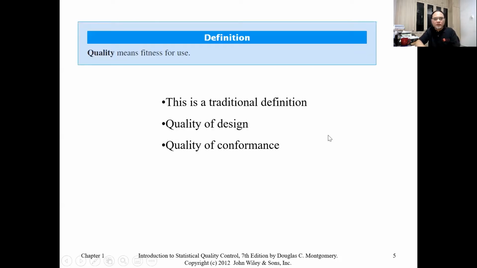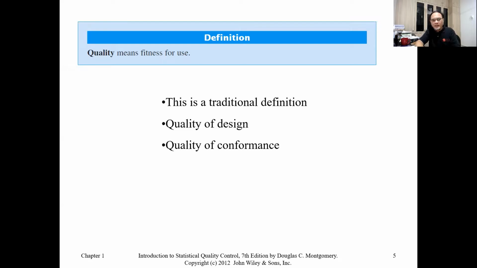And from the traditional definition of quality, quality means fitness for use. When we buy a product, whether it fits the function that it's designed for, right? So it comes from quality of design. That means when we design the product, the computer, for example, it meets all our requirements and it doesn't fail easily.